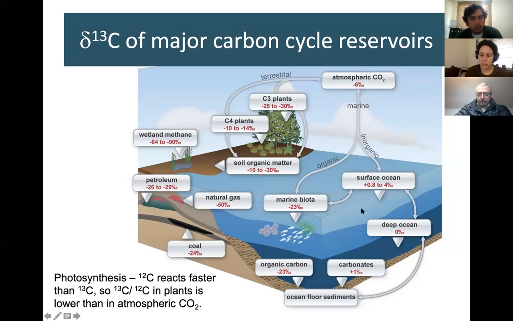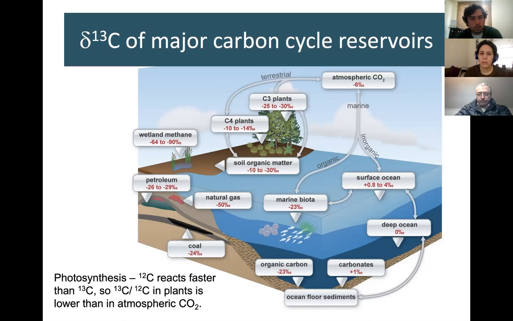And you can see that's true. These are the delta C13 values for marine DIC and marine carbonates. That's about this.